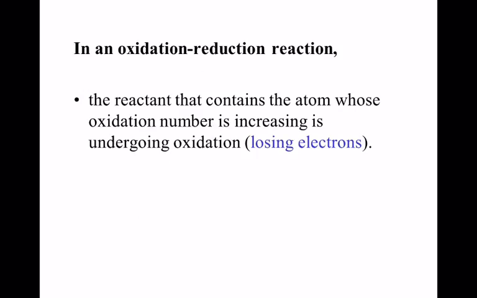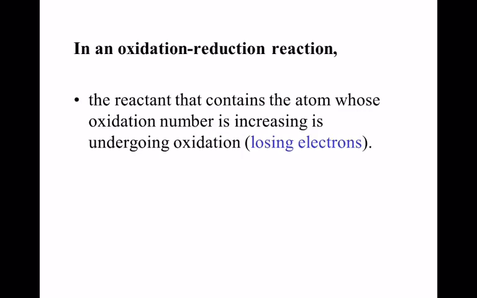So now a little bit of semantics. Of course, we've talked about reactants and products. A reactant is actually the whole thing, not just the atom, the whole thing. So the reactant would be, for instance, the whole AB species here.